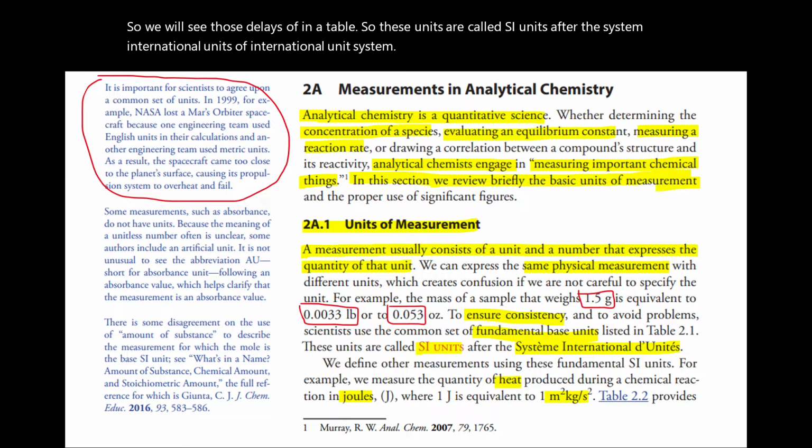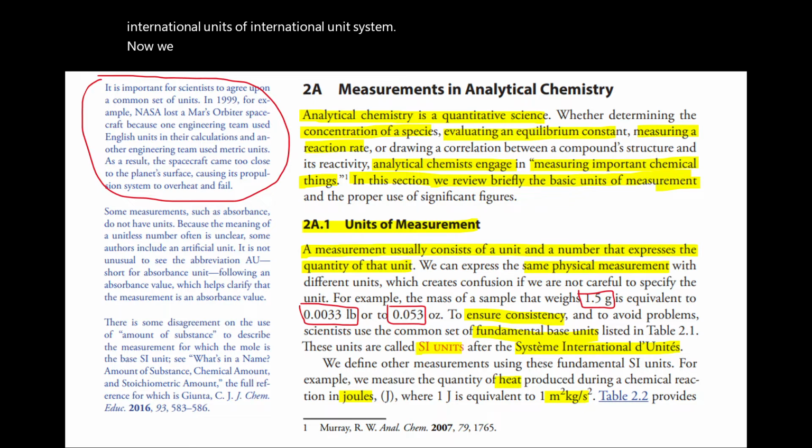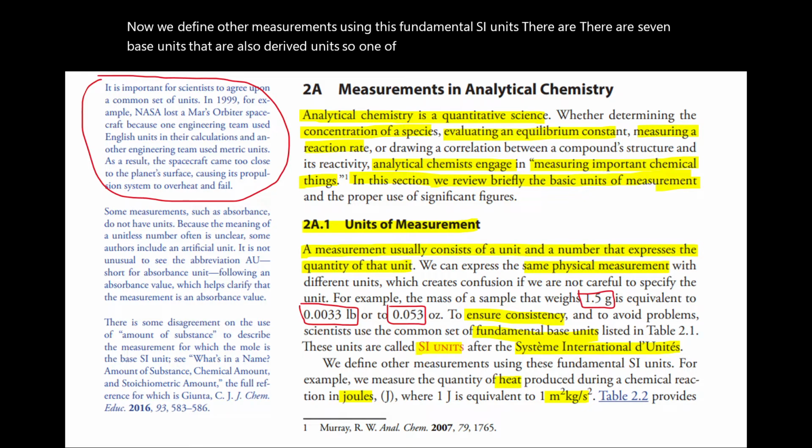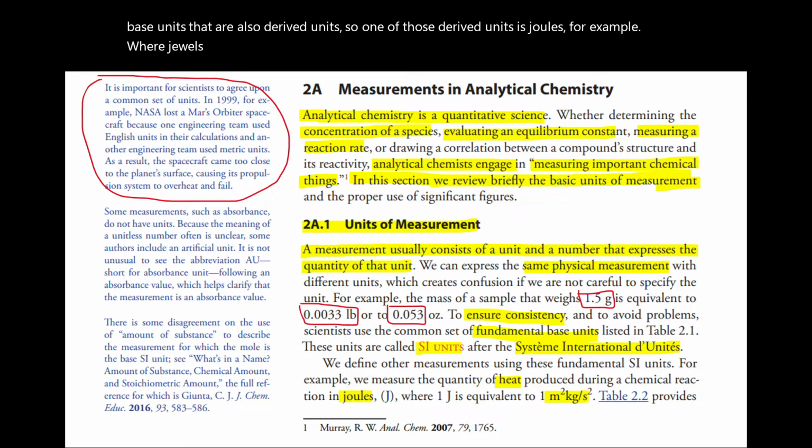Now we define other measurements using these fundamental SI units. There are 7 base units, but there are also derived units. One of those derived units is joules, for example, where joules is equivalent to meter squared times kilogram divided by second squared.